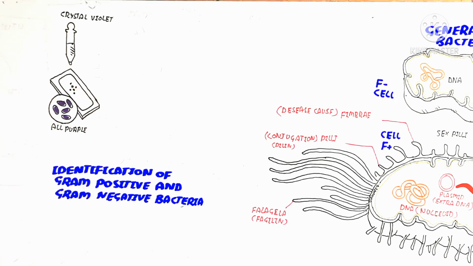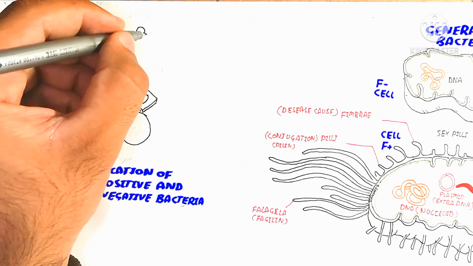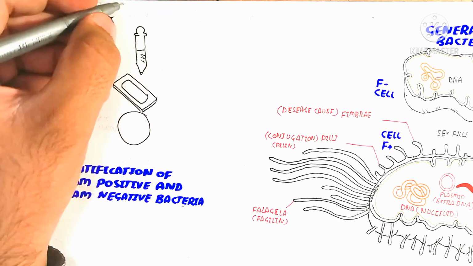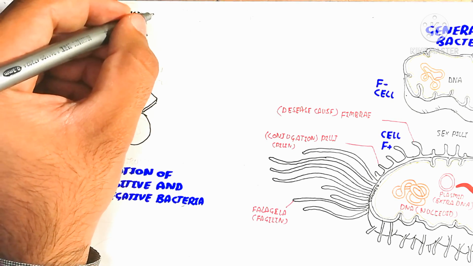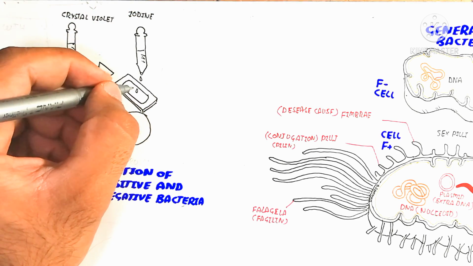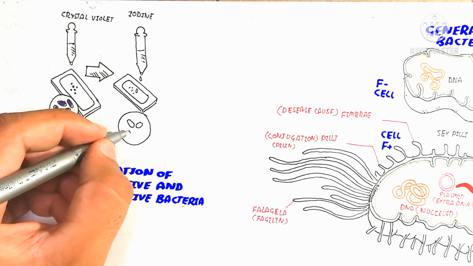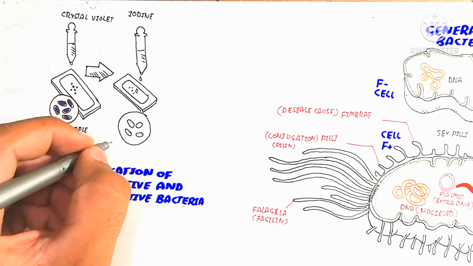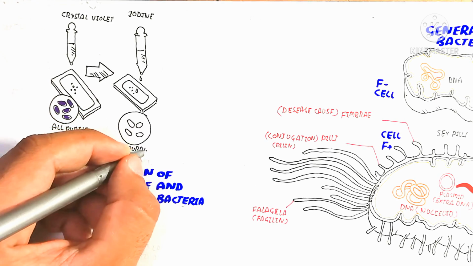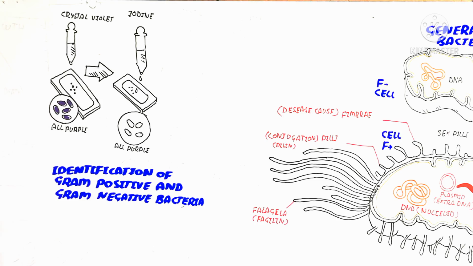Here we will also discuss how to identify gram-positive and gram-negative bacteria. First, crystal violet is applied, and all the bacteria show a purple color on the slide.